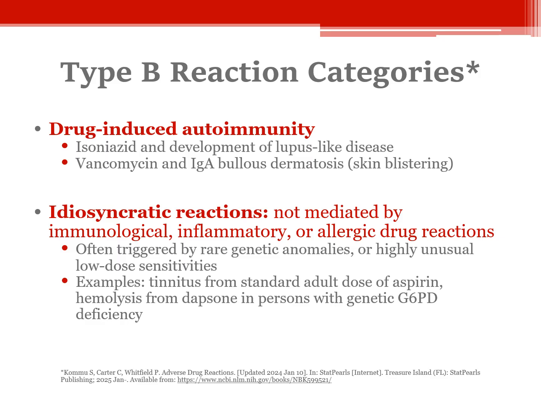Some examples of this would be there are some people who, because of very unusual low-dose sensitivities, if they take a standard adult dose of aspirin, will develop severe tinnitus, ringing in the ears, and in some cases it becomes permanent, and they have to live with it for the rest of their life. And we still don't know exactly why it is that in a very, very rare instance, aspirin can lead to tinnitus.